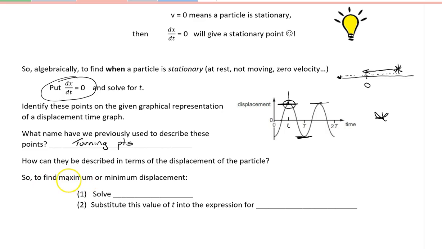So if we were asked now to identify the maximum or the minimum displacement, we know it's going to happen when the particle has moved as far from the origin, or at some point the particle stops, so the velocity is equal to 0. What is the velocity? The velocity is dx/dt. Once we've solved that, we will have a value for t.